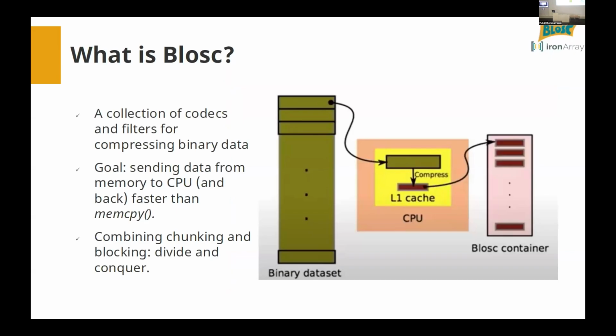Okay, so a quick introduction to Blosc. Blosc is essentially a collection of products, but also filters, that are meant for compressing binary data, which is also the field of HDF5. And the goal is sending data from memory to the CPU faster.